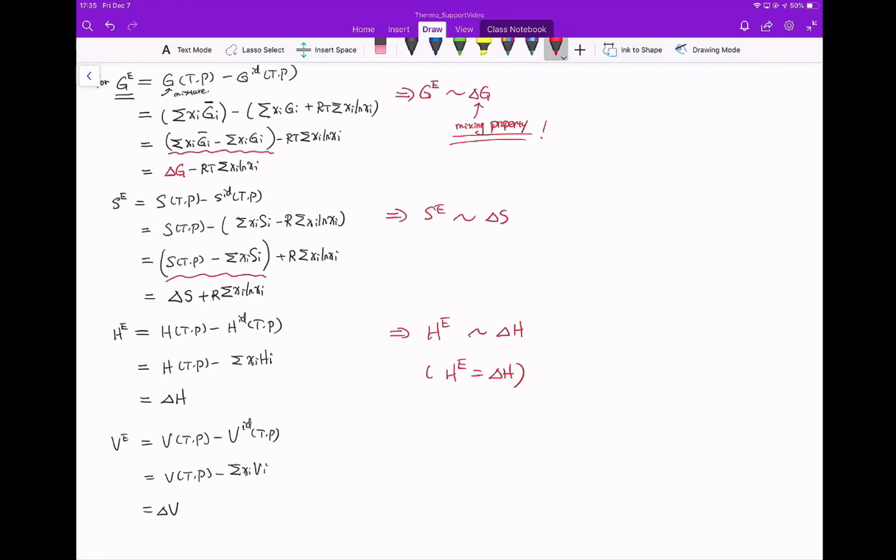For the excess volume, it is also the same. This is the first information we can have.